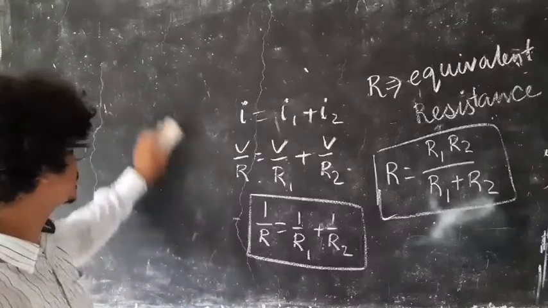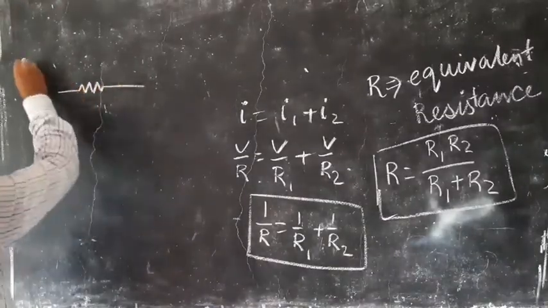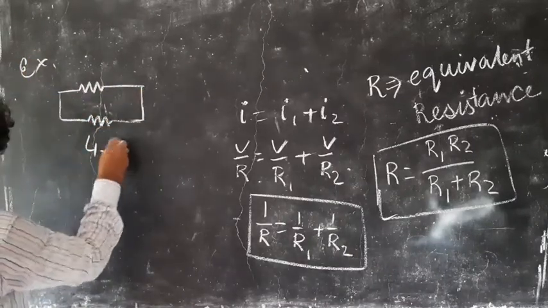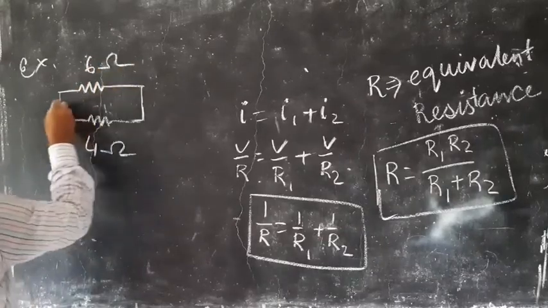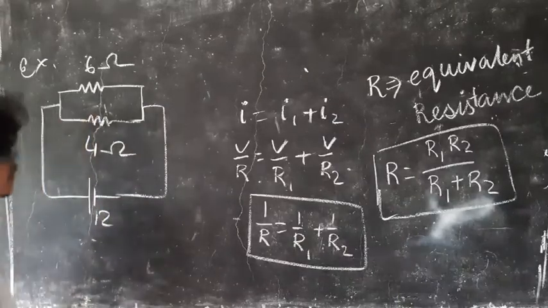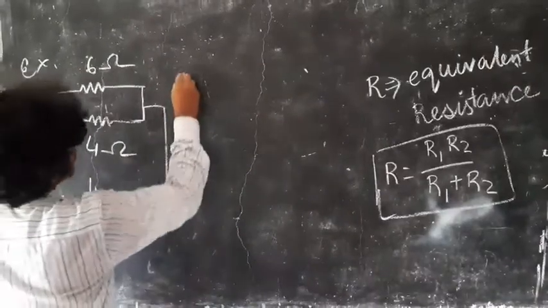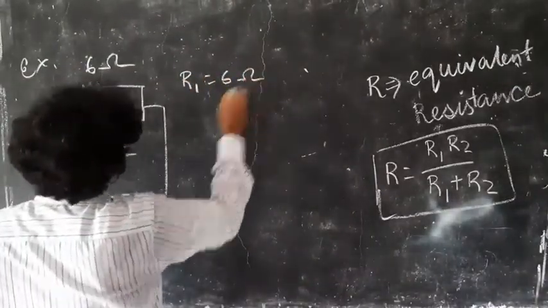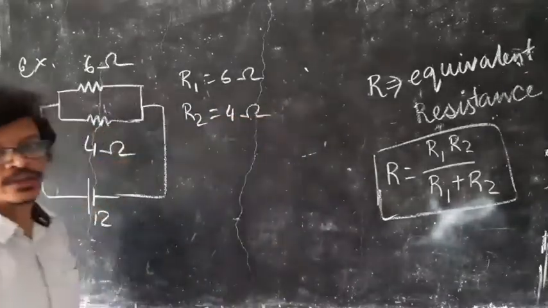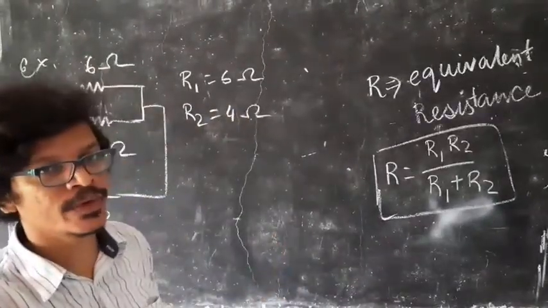So let us take some example. This is 4 ohm, this is 6 ohm, and this is connected in circuit. So what is the equivalent resistance? Here R1 is 6 ohm, R2 is 4 ohm. We have to find the equivalent resistance.